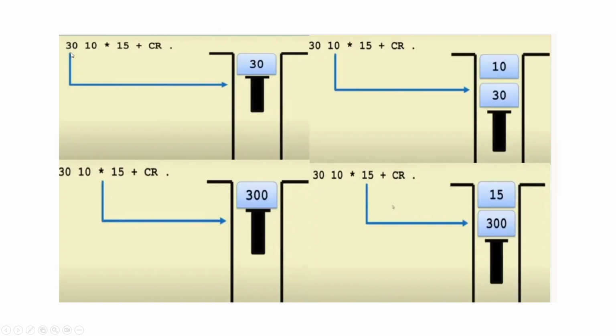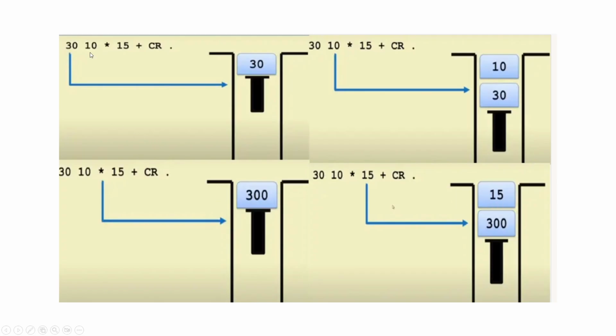Let us look into a simple example. In case this is the stack and these are the values that are given, 30 is pushed inside. Then comes 10, it's pushed inside. Then comes the star. Once it meets it, these two values are multiplied and popped, so 300. And then comes 15, which is added on top of it.